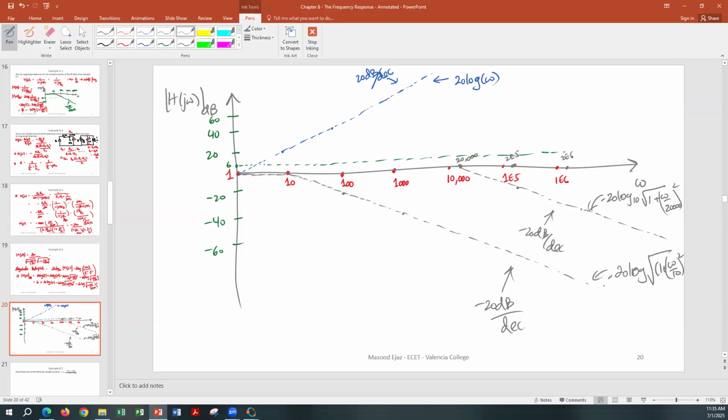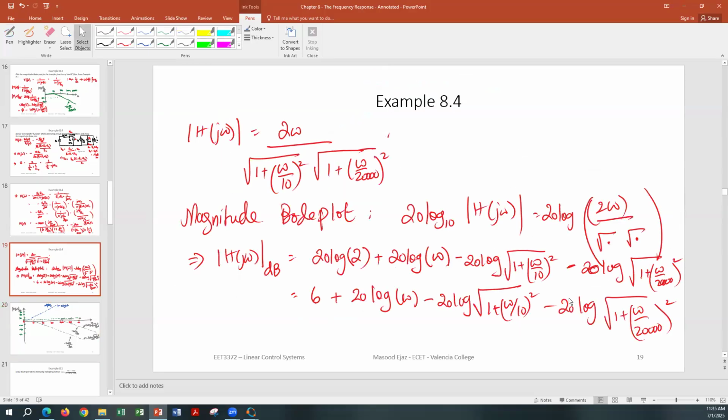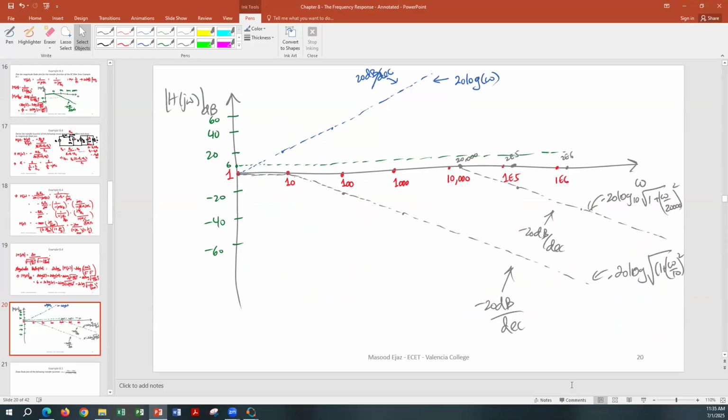All right, so now what we are going to do is add all these, adding the first two and then subtracting the last two. We created the individual plots for each one, and now we're going to add all of them together. I'm going to use my red pen. When we are adding, we have 6, and then this is increasing.